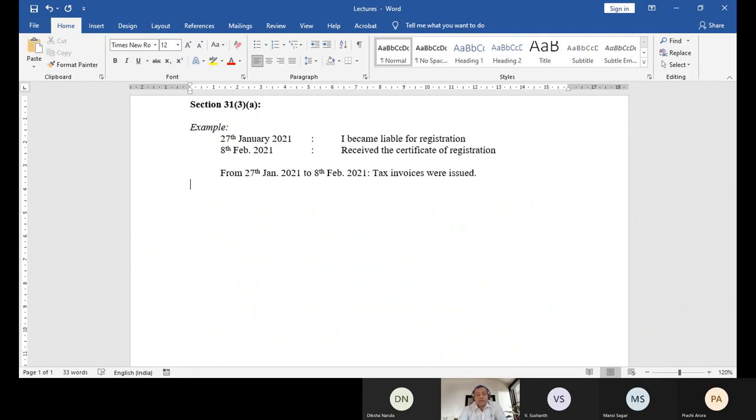But the moment I have the registration certificate, then if I want, it's not compulsory, for the period 27th Jan till 8th Feb 21, I can issue the revised tax invoice if I want.